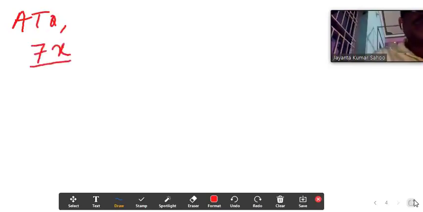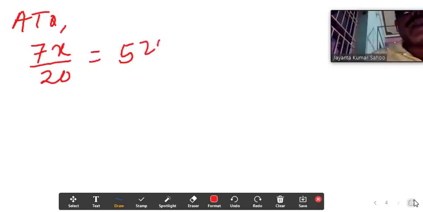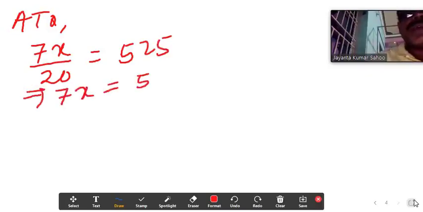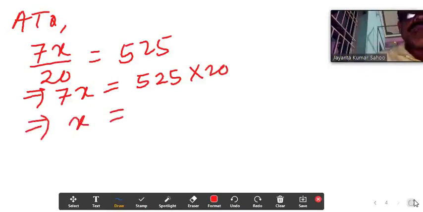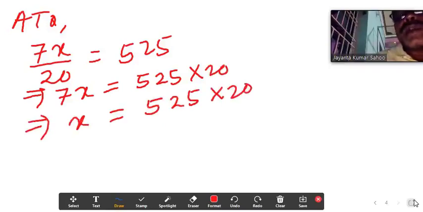So according to question, ATQ, 7x by 20 equal to 525 rupees he saves, implies that we can write now that 7x equal to 525 into 20, implies that x equal to 525 into 20 whole divided by 7.